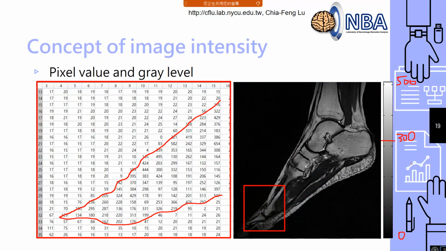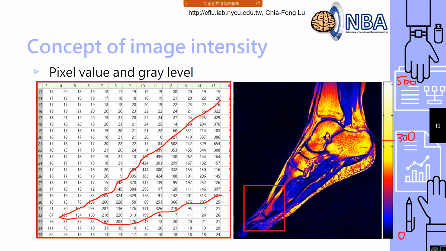But if I change the gray level into a color map, you will see now this light gray becomes yellow right here. Okay, so you can see the value of an image matrix itself doesn't change. The only change is the gray level or color map. This is the way that you can switch between black and white or the color image right here.